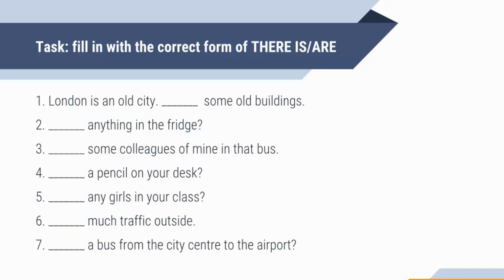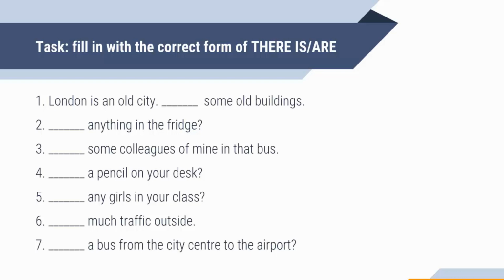Some colleagues of mine in that bus. Some colleagues, noun in plural. Some is again your marker for a positive sentence. So there are some colleagues of mine in that bus. A pencil on your desk. Pencil, noun, singular.